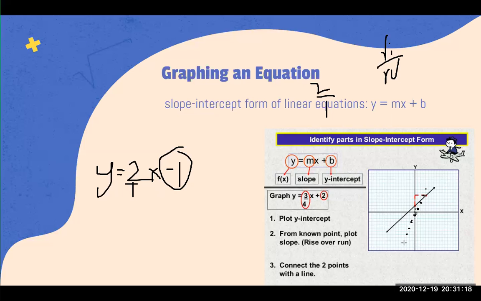So place a point over here. Then you can make a line through all these. And yeah, that's how you plot a graph. It's pretty simple if you know how to do it.